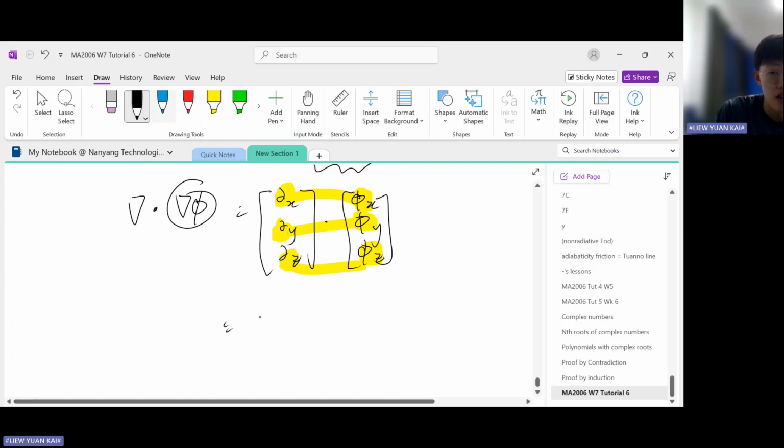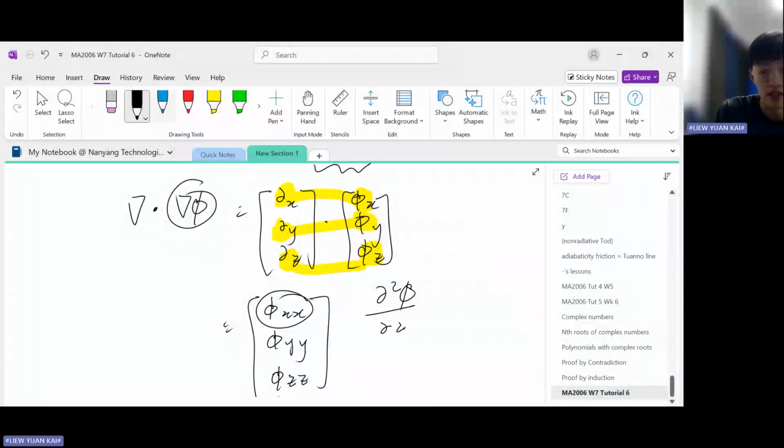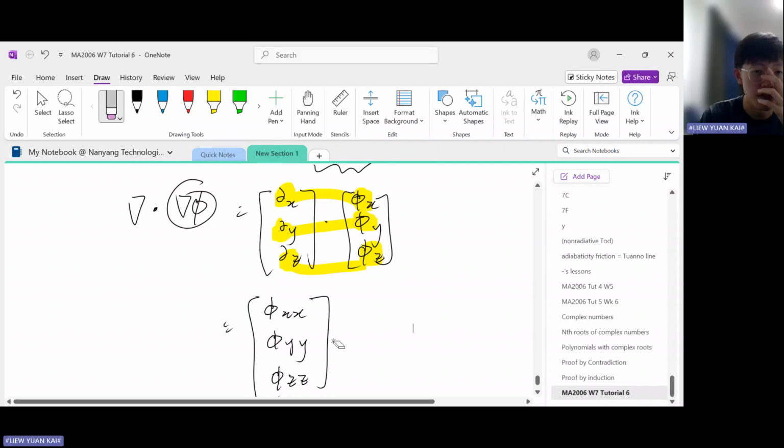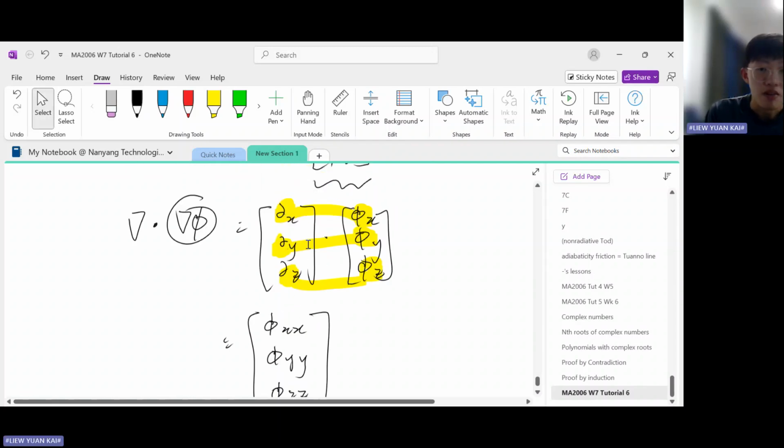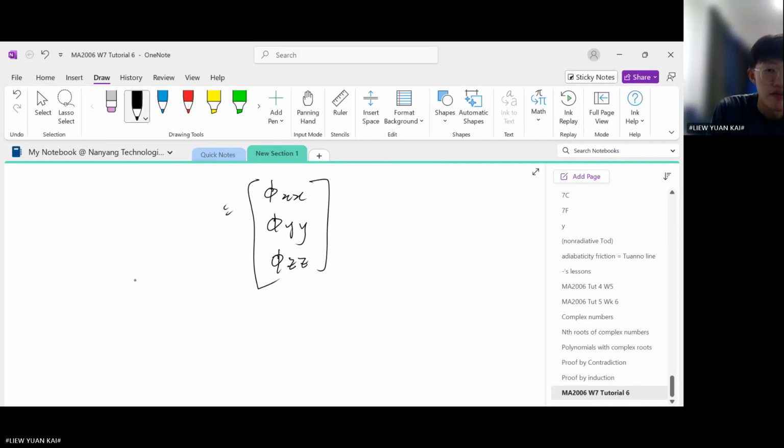So this will be xx, yy, and zz. For example, this entry means d squared phi dx squared. Basically, the second order partial derivative. So that's what it stands for, second order partial derivatives. So we want to satisfy this being equal to 0.